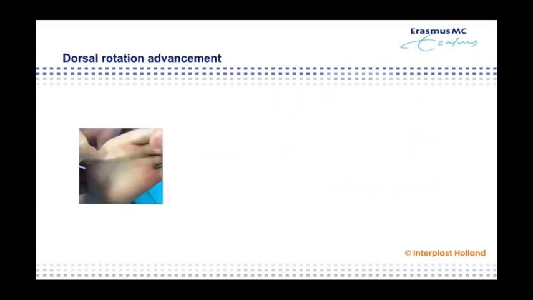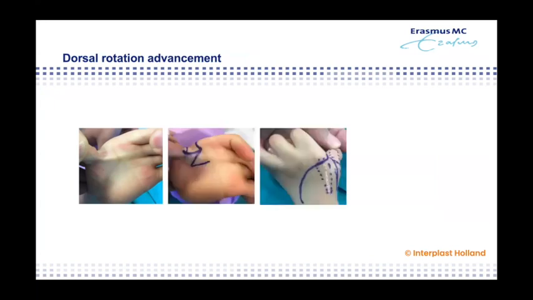Probably you know this. So you can do a dorsal rotation advancement flap in widening of the web. I often do this in very narrow webs in Apert syndrome, in the true syndactyly of the first web.